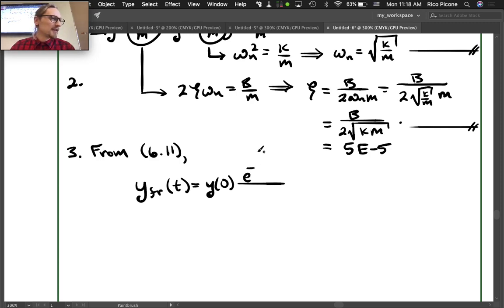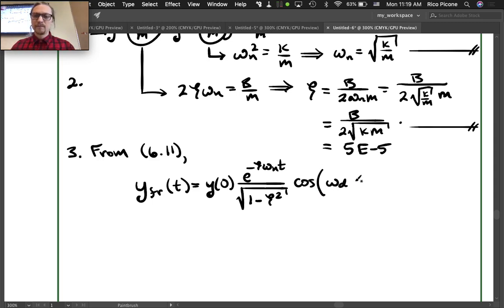So what do you know? This is the exponential e to the negative zeta omega n t. We know what zeta and omega n are, so we could compute what omega n is. I didn't compute it above, but you could just plug in the numbers and compute it. The only one you need to compute is zeta in terms of knowing which solution you need.